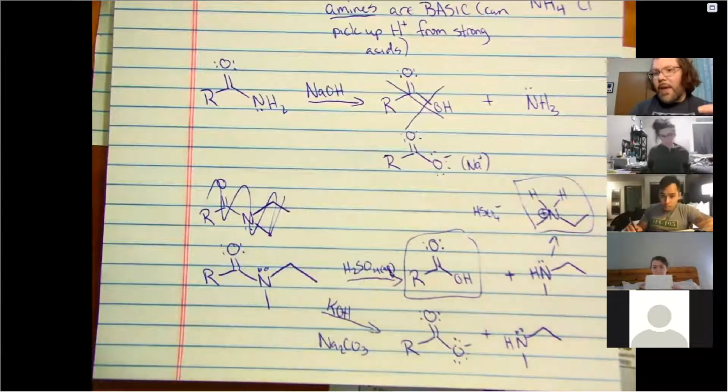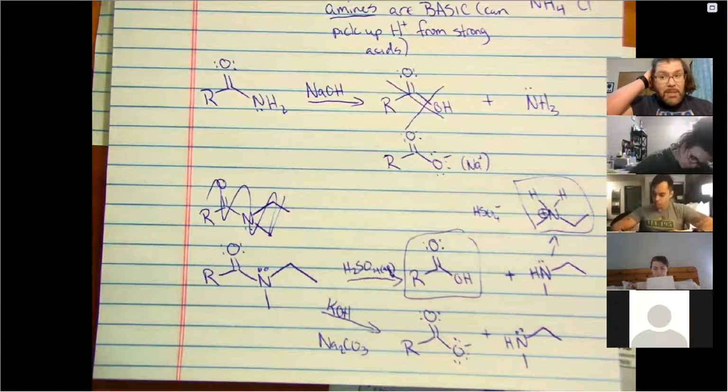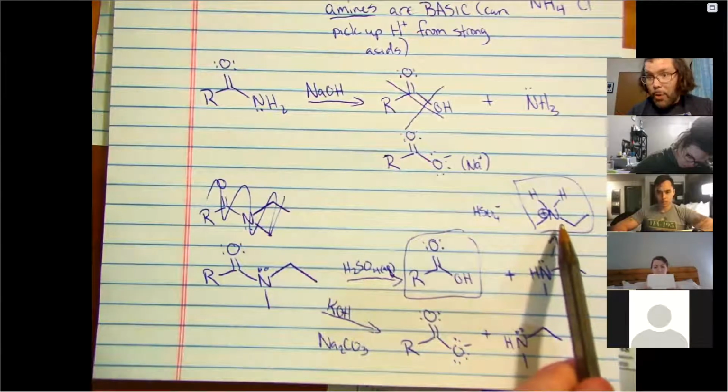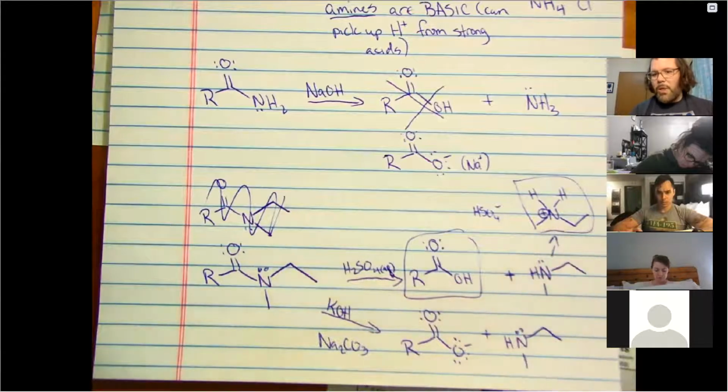In other words, they give their protons away in basic conditions. It's also important for us to remember that amines are basic functional groups, which means that in acidic conditions, they will pick up protons. So that's the way that we get to the right answer when we're talking about hydrolysis of amides.